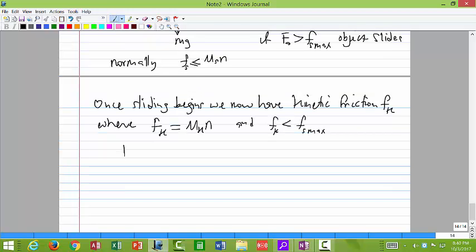So I can draw a graph for you. So this is the applied force, and this is your frictional forces. And so the static friction is going to grow until it reaches a maximum. This is Fs max. And then once the object starts sliding, it goes down. So this is Fk.